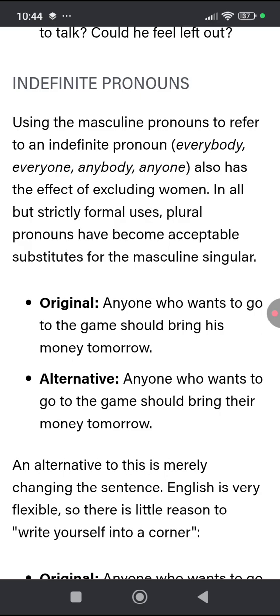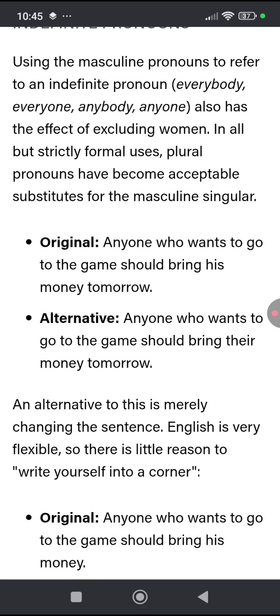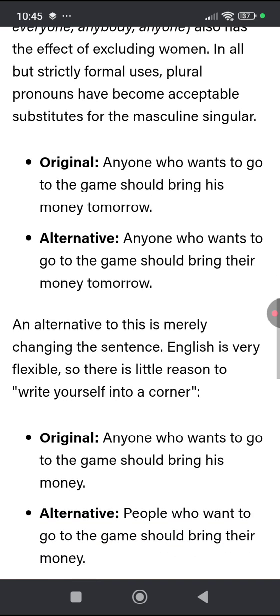Anybody who wants to go to the game should bring their money tomorrow. So that will include both masculine and feminine. I'll read that rule again. In all but strictly formal uses, plural pronouns have become acceptable substitutes for the masculine singular. So instead of the masculine singular his, we're using the plural pronoun there.